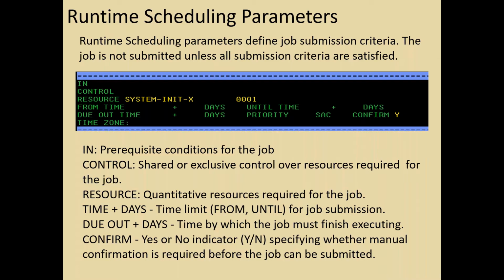Suppose there are 10 jobs in schedule, and job 7 is dependent on job 2. If you open job 7 in your Zoom panel, then in the in condition you will see the job name of job 2.